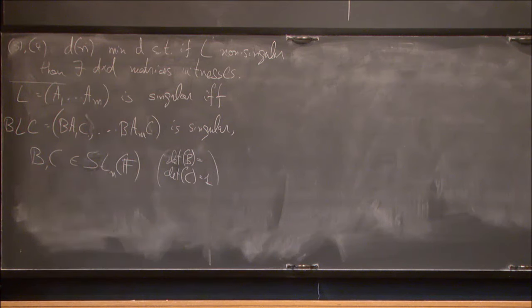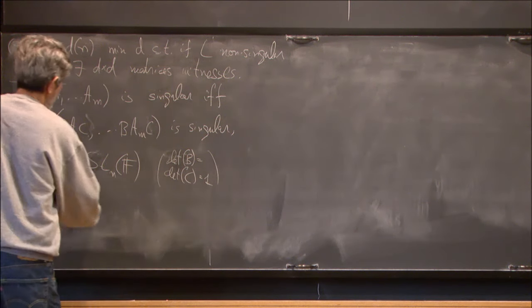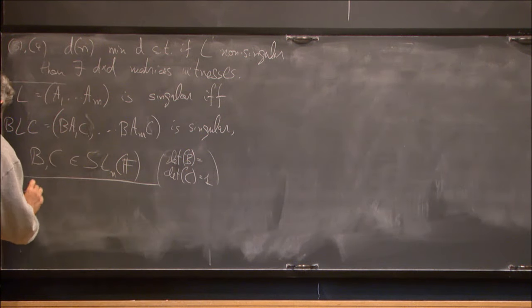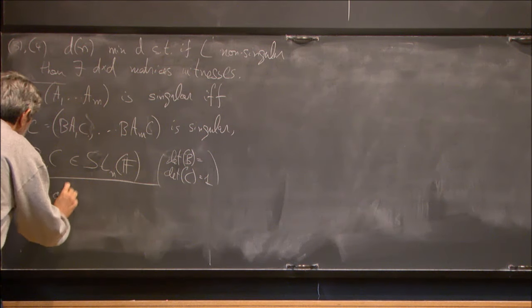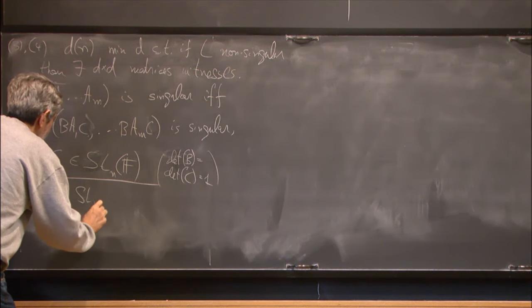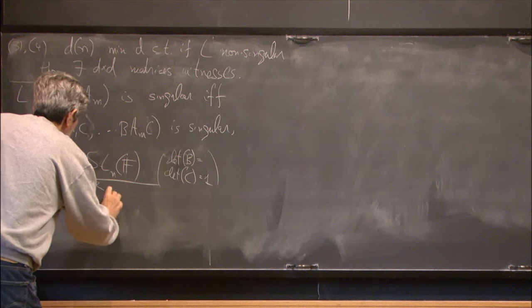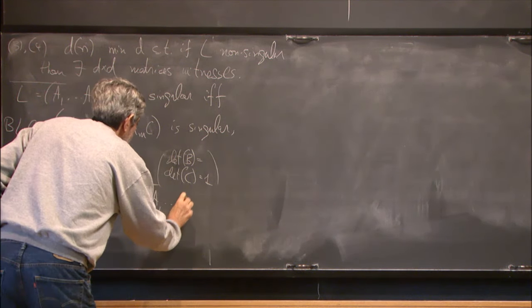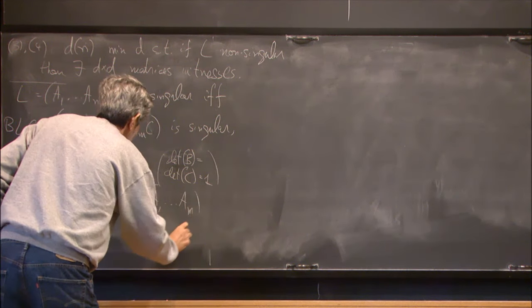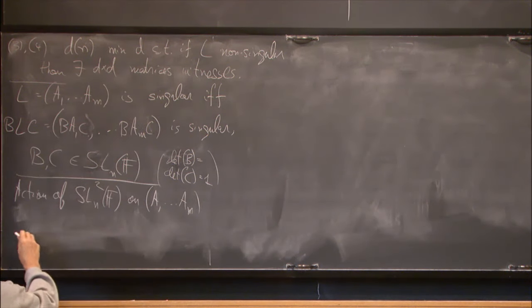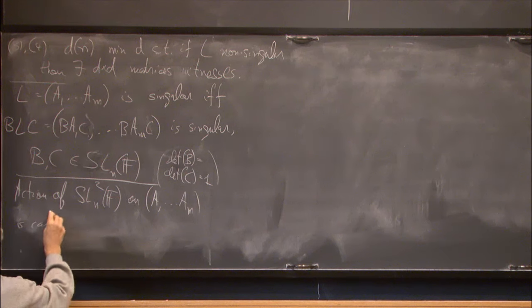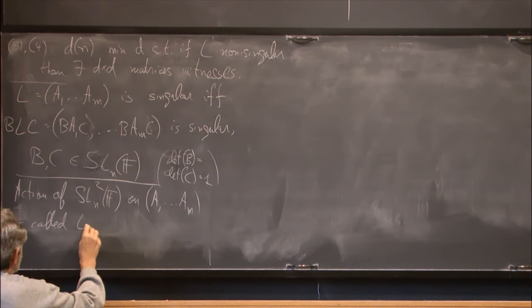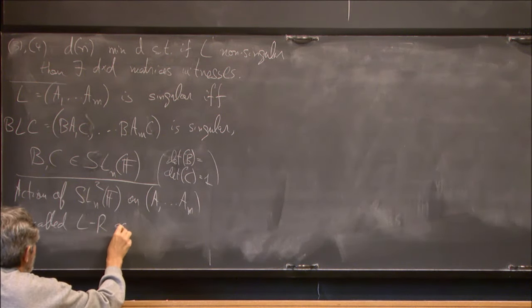So this action of SLN squared on tuples of matrices is sometimes called the left-right action.